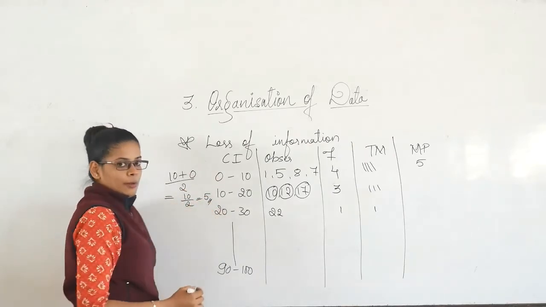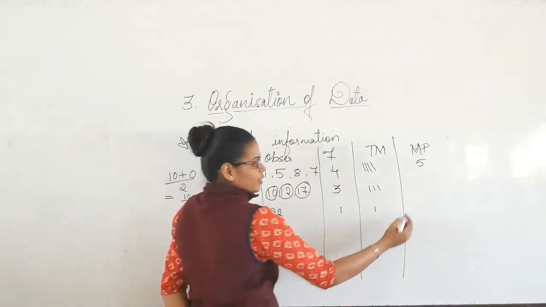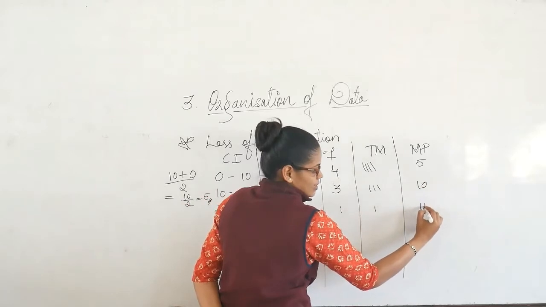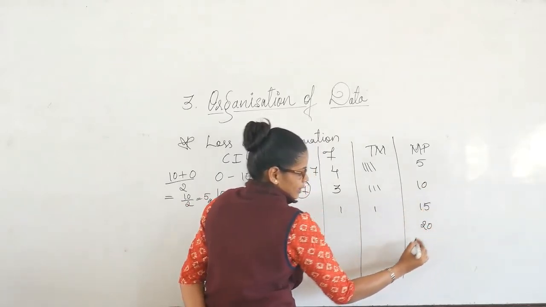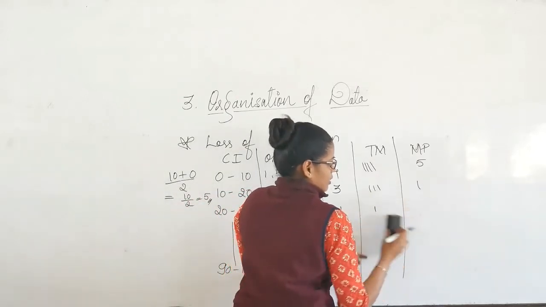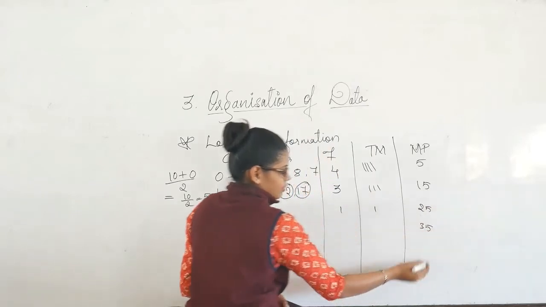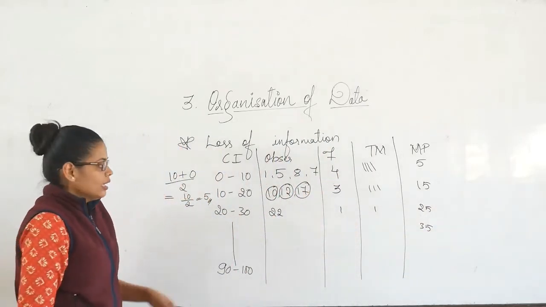This is the class mark or the midpoint. The same applies for all the other class intervals. Sorry, this is 15, this is 25 and 35. So this goes on, right?